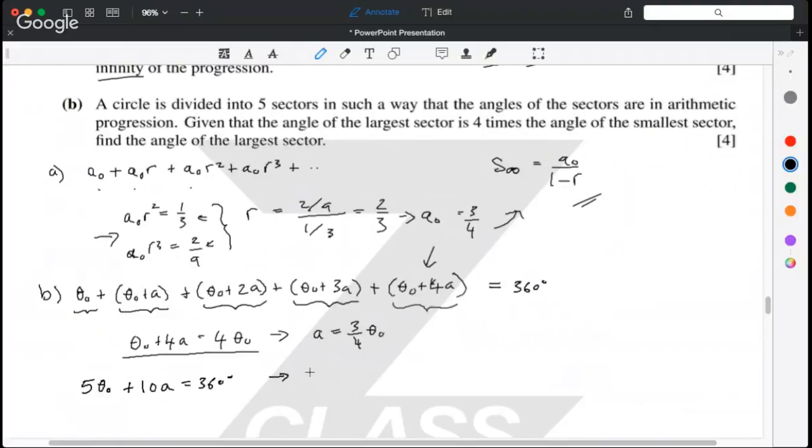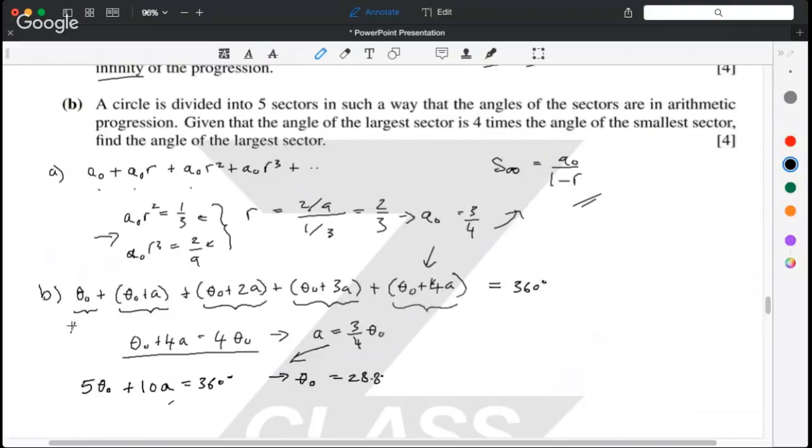And that gives us, if we then substitute in for our value of a, you could easily solve for theta naught. So theta naught is going to be 28.8 degrees.